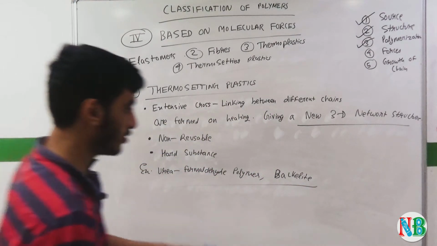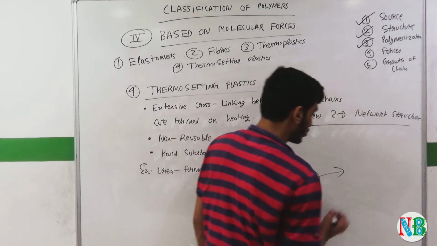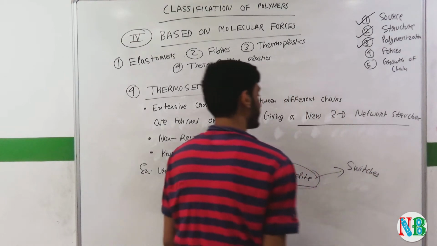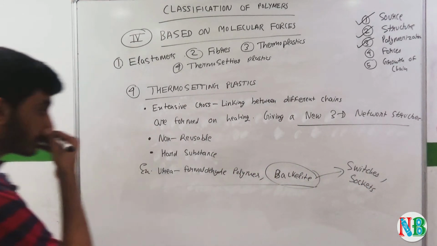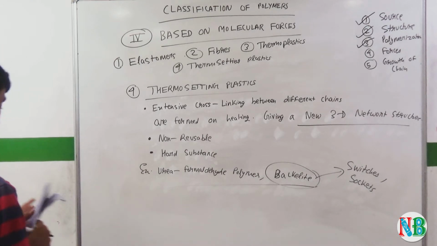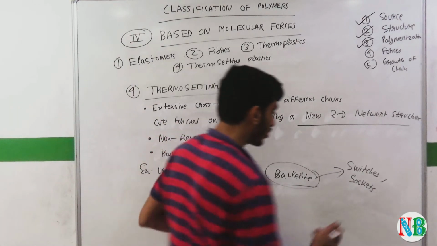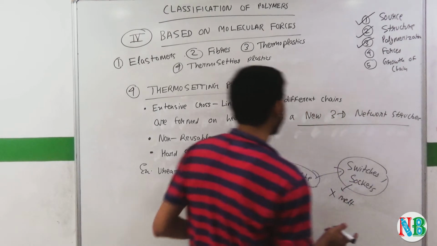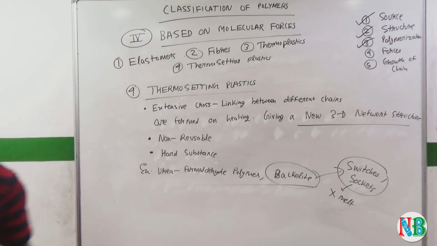For your knowledge, bakelite is used to make torches and sockets. As you can see, if you heat your sockets, they won't melt. Why? Because they undergo an extensive cross-linking between the chains on the first heating itself.